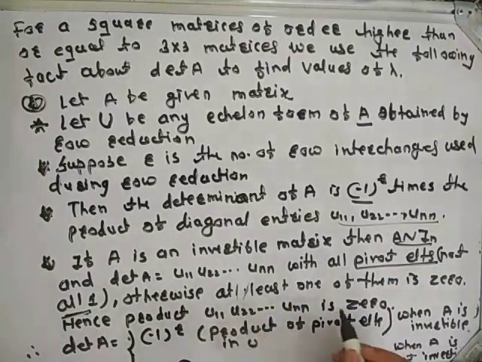Otherwise, at least one of them is 0, hence the product u11, u22, unn is 0. So the determinant of A is nothing but (-1)^R into the product of pivot elements in U.